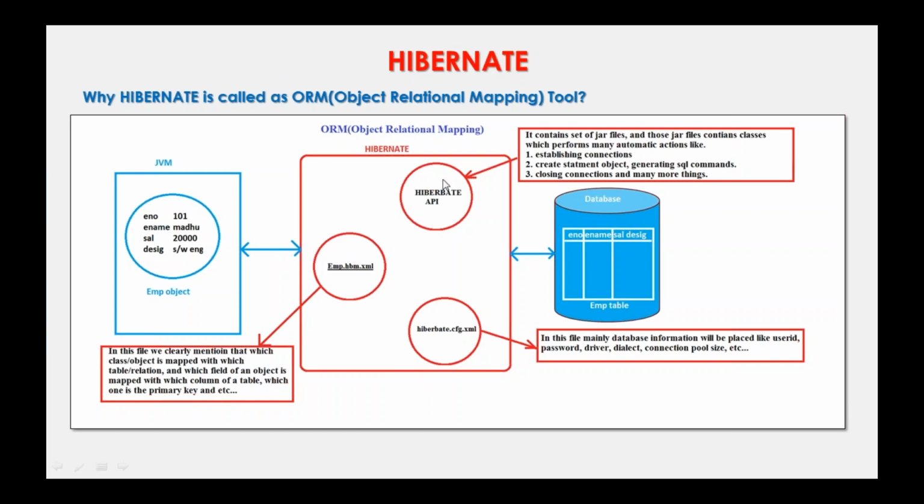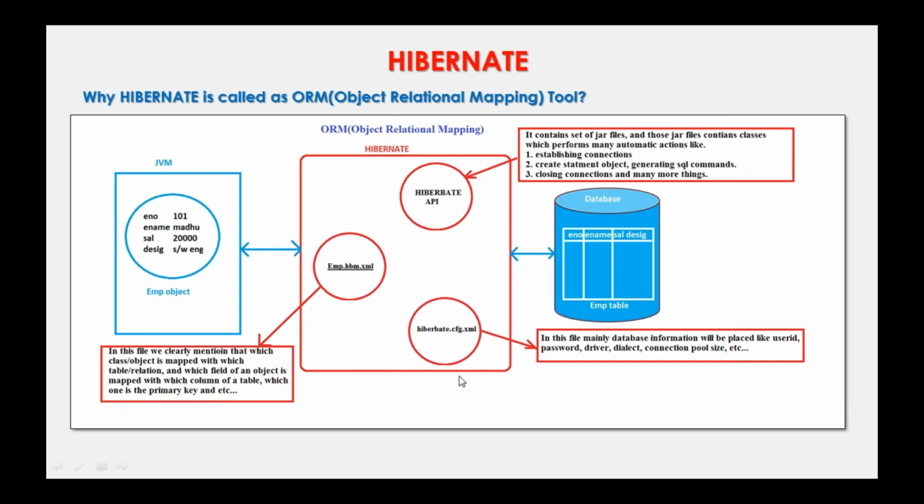By this mapping only, Hibernate is able to store this object in this table. Do you understand why it is called an ORM tool? Object relational mapping tool. Here in Hibernate, we are mapping the Java object with the relation that exists in the database. Relation means a table that exists in the database. That's why it is called an object relational mapping tool.